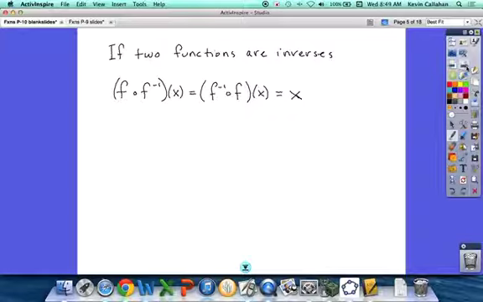Right? That's the property that allows us to use the tan inverse button or the sine inverse button, or to take the log of an exponential or the exponential of a log and solve equations that could not be solved otherwise.